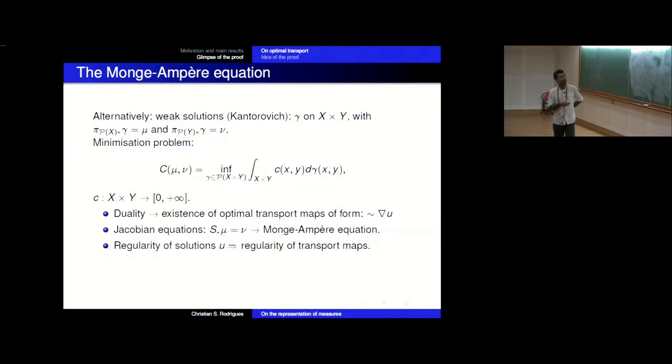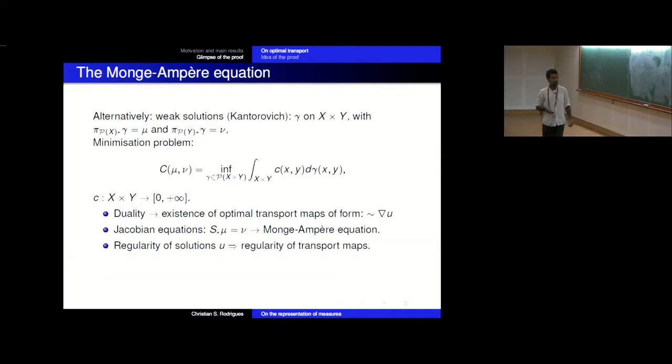And then using the Jacobian equation, the condition that one measure is transported to the other, or the push forward of mu by S is equal to nu, leads to one PDE with a complicated shape, but it's treatable. And actually, the solution of this PDE is related to this u here, which gives us the transportation map. So studying the regularity of the solutions of these PDEs amounts to studying the regularity of the optimal transport maps.